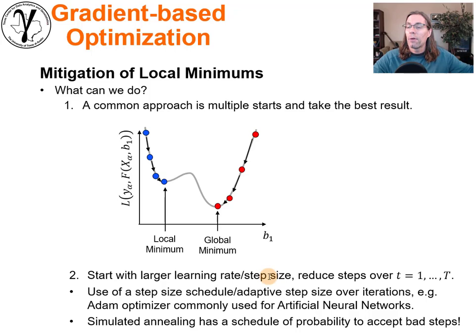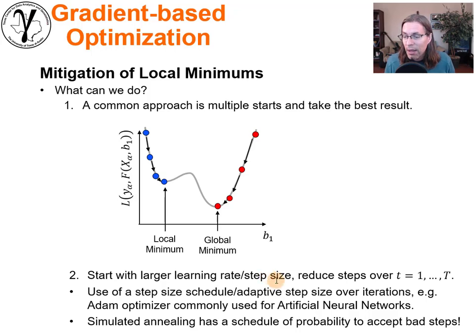You can skip over these little local minimums and hopefully land in a global minimum as you start to shorten the step sizes later on. So you start with big step sizes so you can survey around and skip over local minimums, and then you have smaller step sizes later and you'll be able to converge on the global minimum.